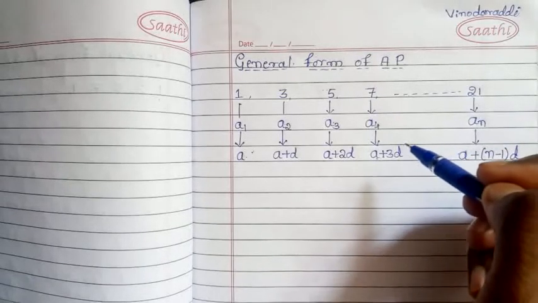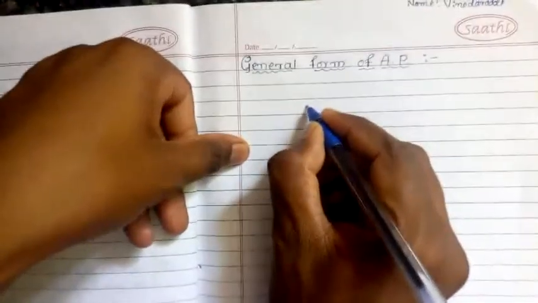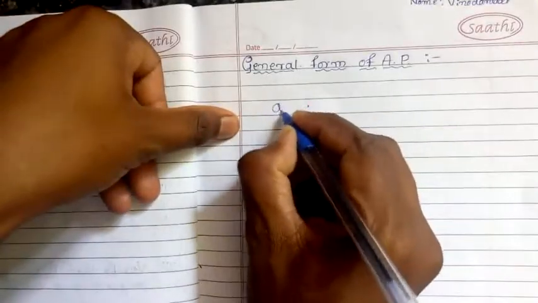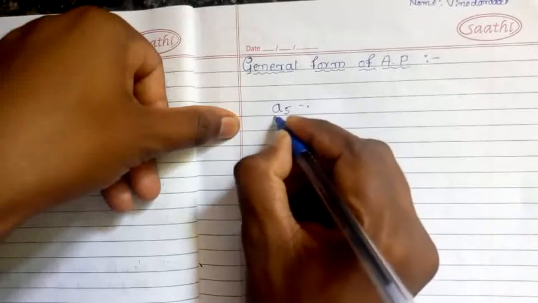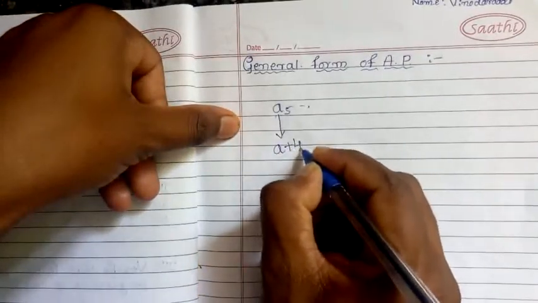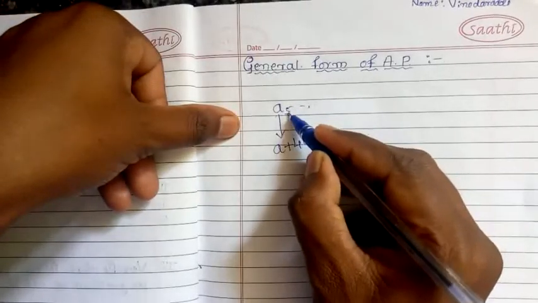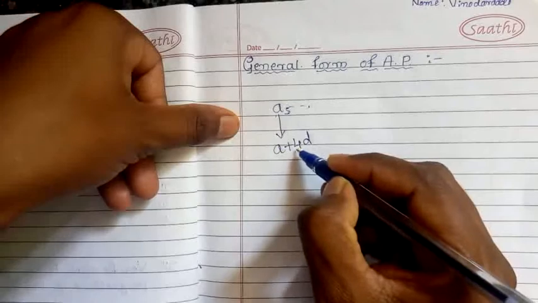For example, the general form of the fifth term, that is A5, is A plus 4D.